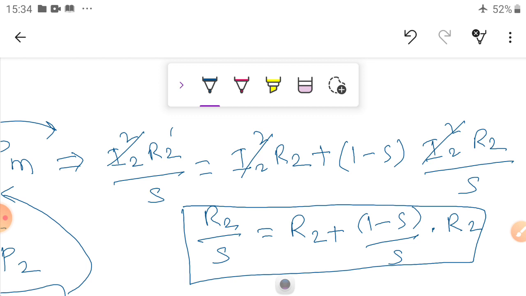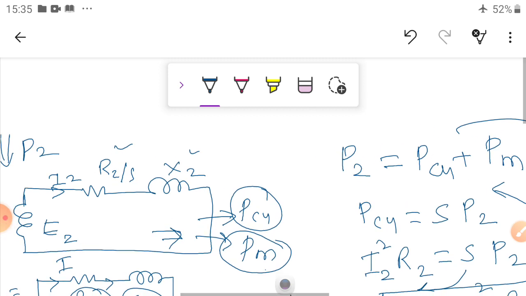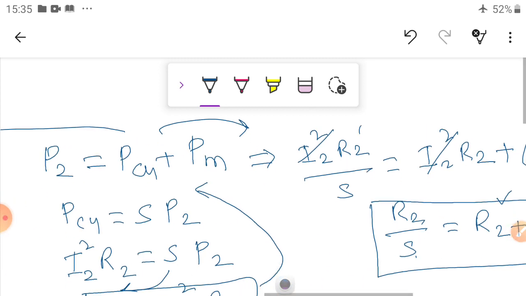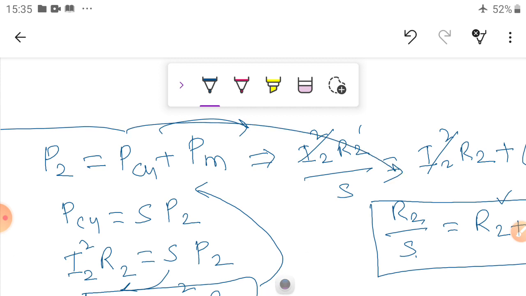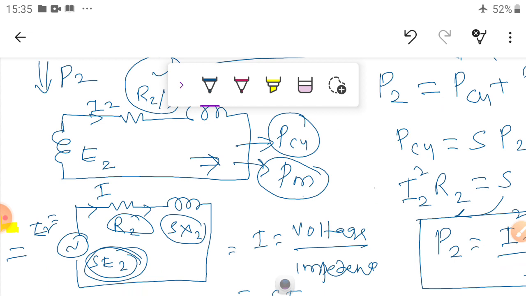That is equal to R2 by S. Can I write it in the form of R2 plus R2 in some terms? I can write this equation. Then the circuit becomes this simple circuit.